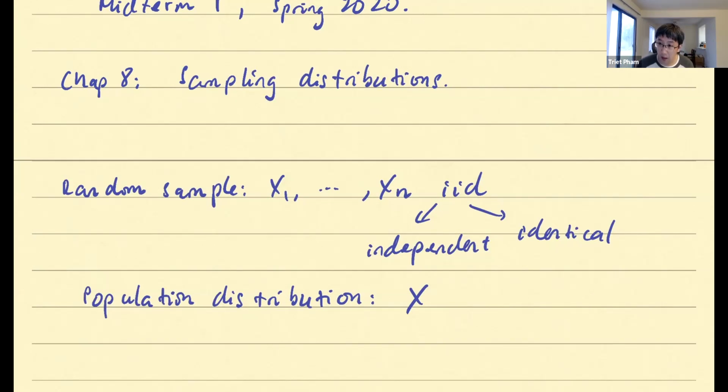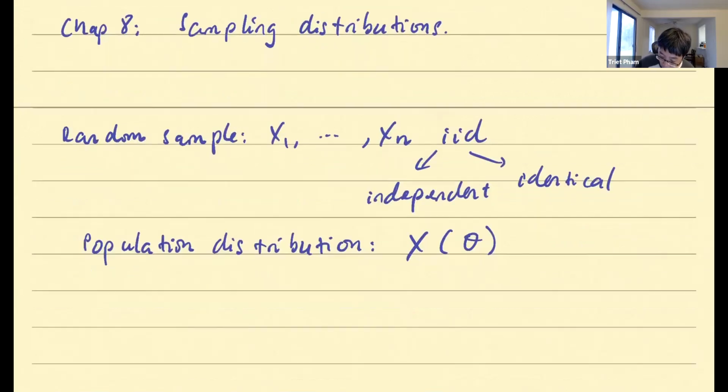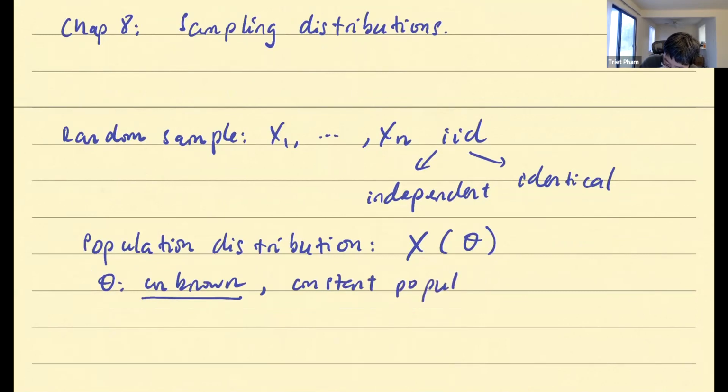And the standard idea is that this X has an unknown parameter theta that it depends on. So theta is the unknown, emphasis unknown, constant population parameter.